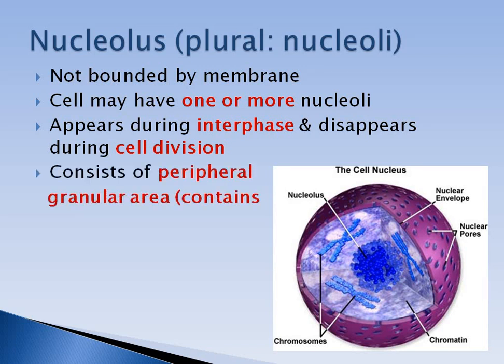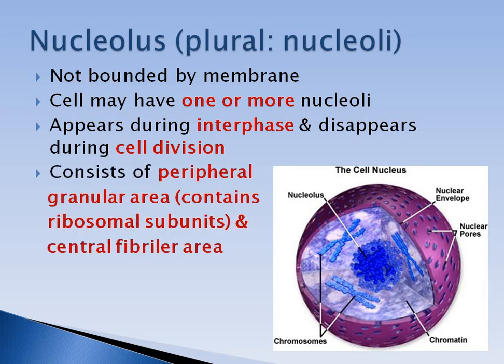The nucleolus consists of two prominent areas. The outer one is a peripheral area which has granules, so it is the granular area, and this granular area consists of ribosomal subunits, the larger ribosomal subunit and the smaller ribosomal subunit, while the central part of the nucleolus has fiber-like structures in it.